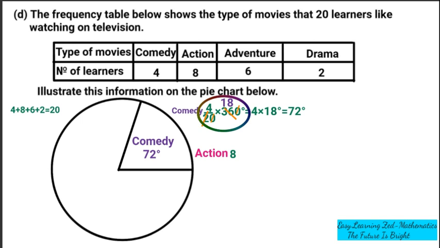So I'm just going to multiply 8 by 18 degrees. The 18 is the one I circled there, which I went through earlier. When I multiply that, it's going to give me 144. Okay, once I get 144, I'm supposed to mark 144.